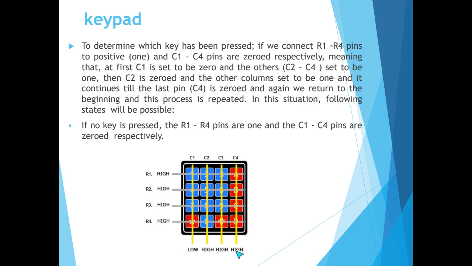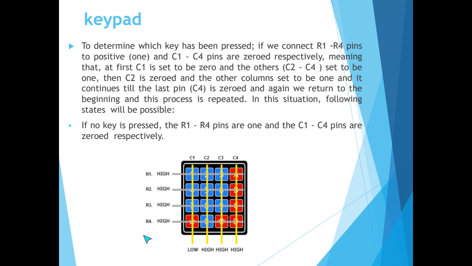By having each of these columns zeroed at a given time, we want to read the situation, or data, of the rows. So at the first step, all of the rows and the columns are configured with high voltage.